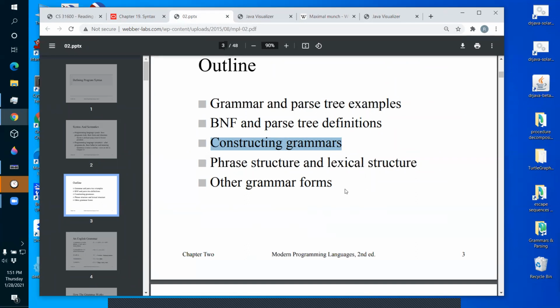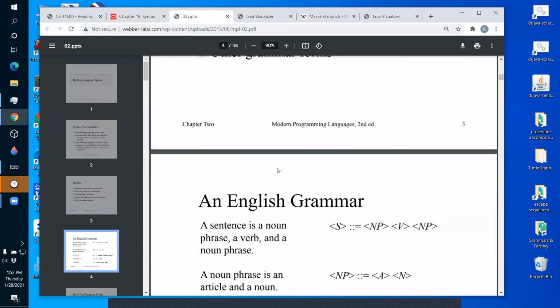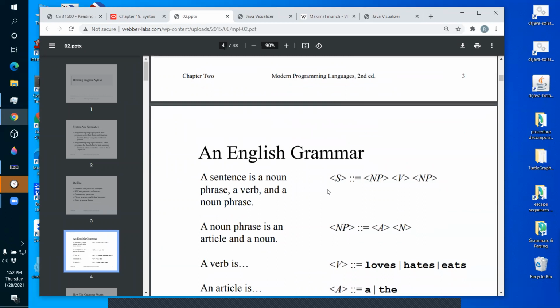We'll finish this chapter by doing a couple of the exercises of constructing a simple grammar, because it's good practice for understanding grammar. If you can write a real simple grammar, it helps you understand more complicated grammars. So there are some nice examples of writing a simple grammar for a simple language, and that's how we'll finish this chapter.